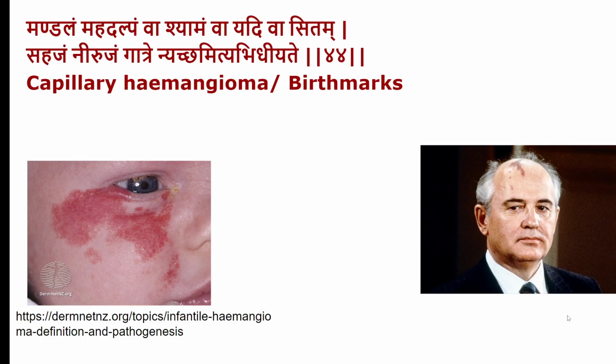A very famous personality, Mikhail Gorbachev, had a birthmark as a sign as such. I think most of you know about this personality, Mikhail Gorbachev, the person who was the president, ex-president of the Soviet Union, which was converted through perestroika and glasnost, the principles of an open world.